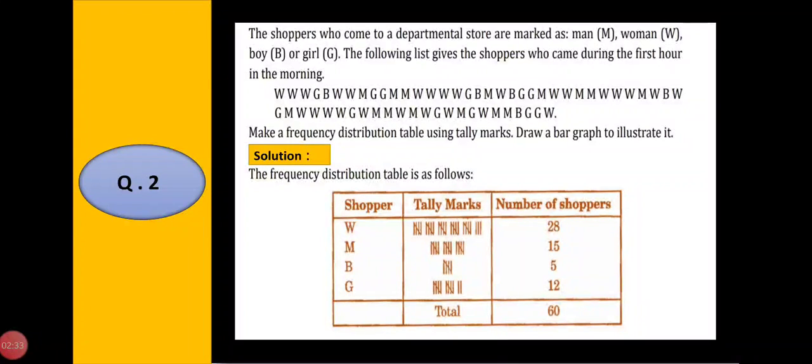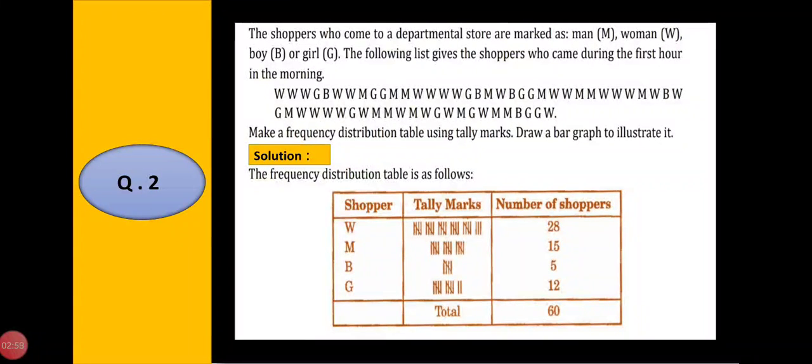So in a departmental store, the shoppers have been divided into man, woman, boy, and girl. For 1 hour in the morning, how many shoppers came is given below. Make a frequency distribution table using tally marks. Draw a bar graph to illustrate it.